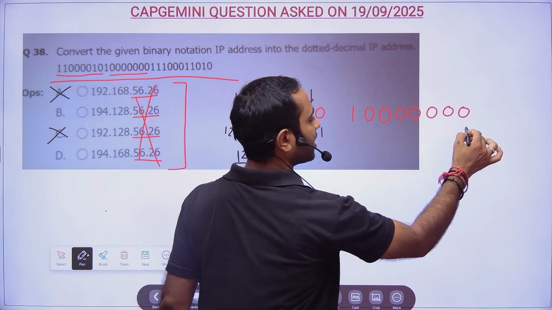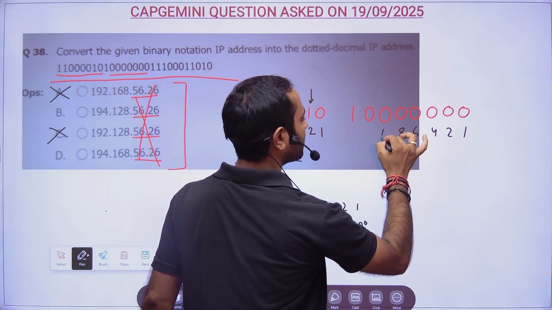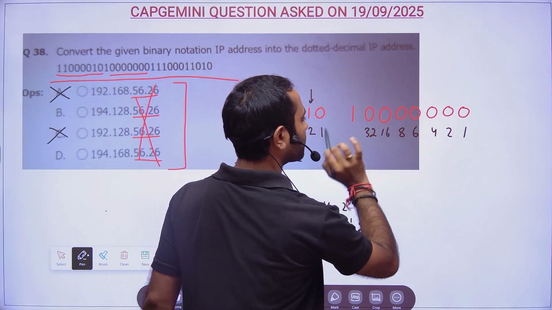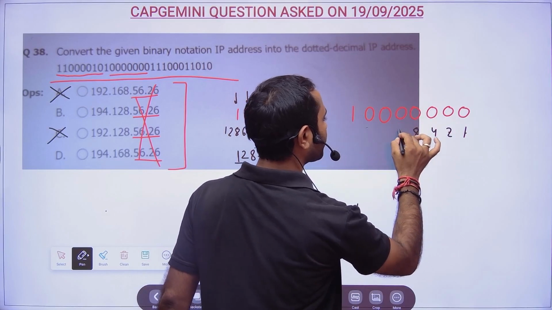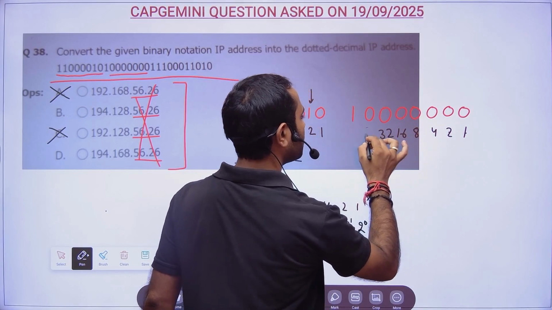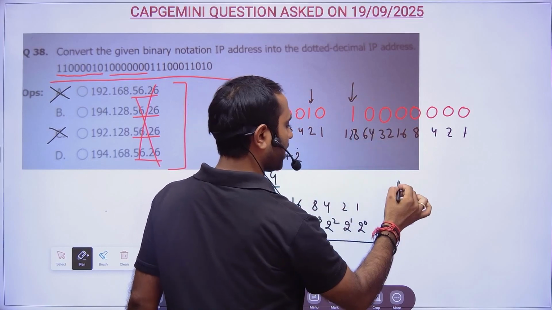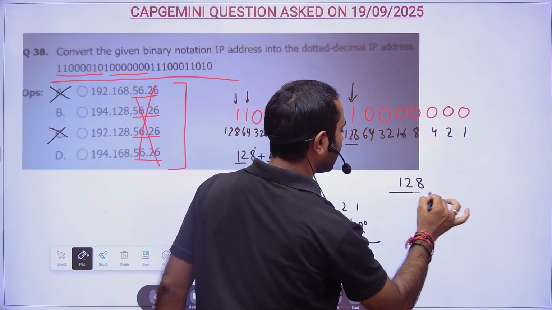Same thing we will do here. 1, 2, 4, 8, and then 16, 32, 64, and 128. There is only 1 here, so in front of 1, it is 128. Nothing else you have to add.